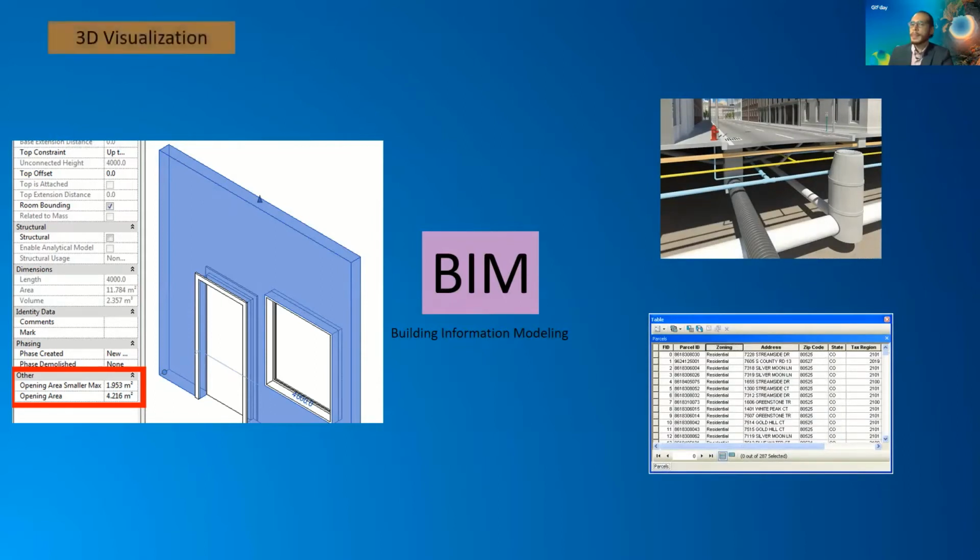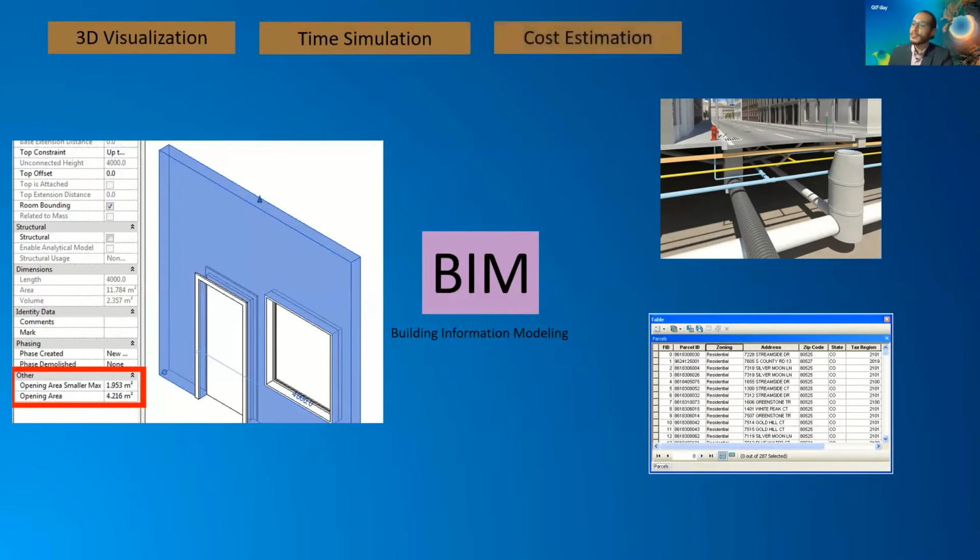So BIM provides us with 3D visualization, 4D modeling, which is time simulation. You can link each element with its time progress. So you have a time simulation or a 4D simulation for your project.